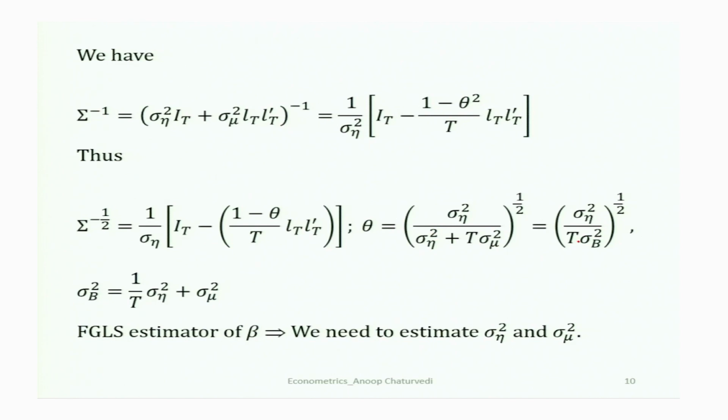And then you can write sigma square eta plus T times sigma square mu equal to T times sigma square b, as we are taking sigma square b equal to 1 upon T sigma square eta plus sigma square mu. So, we get this expression for sigma inverse.